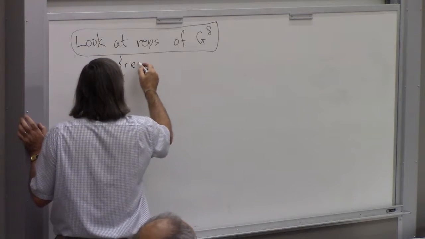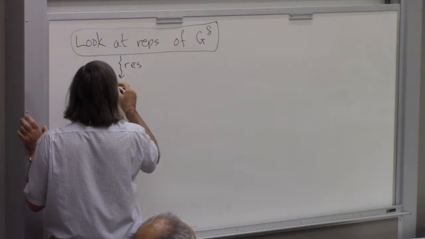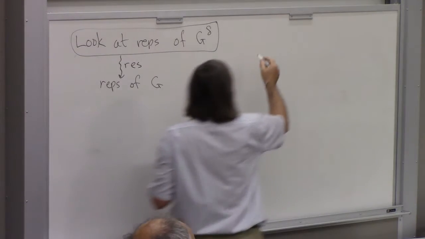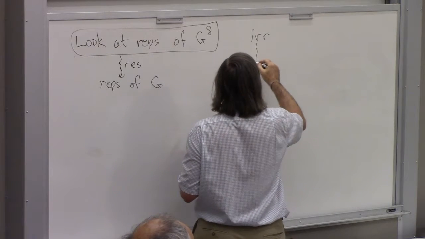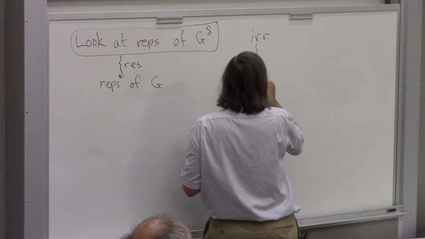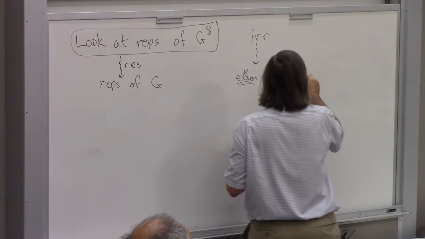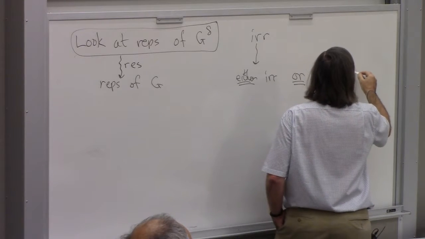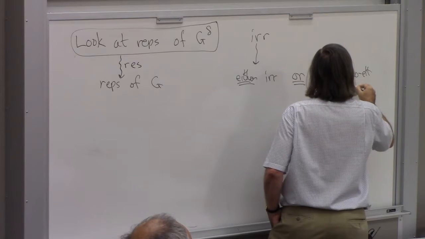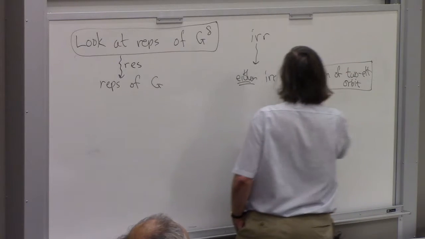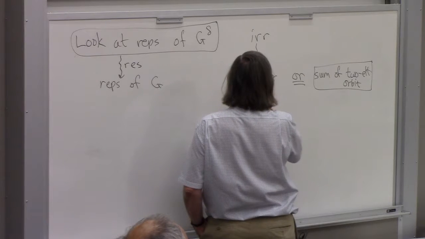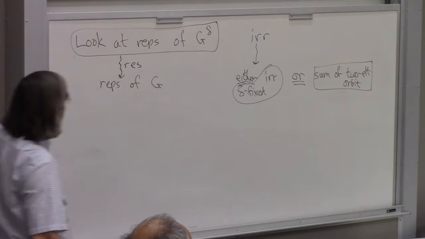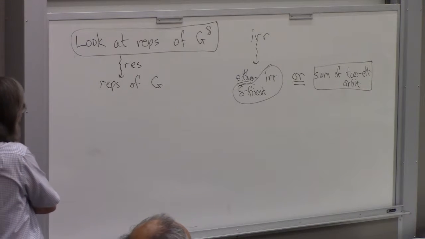If I do restriction to representations of G, what happens is that an irreducible up here goes to either an irreducible or a sum of one of these two-element orbits. So either to a delta bar fixed irreducible or to a sum of a two-element orbit.